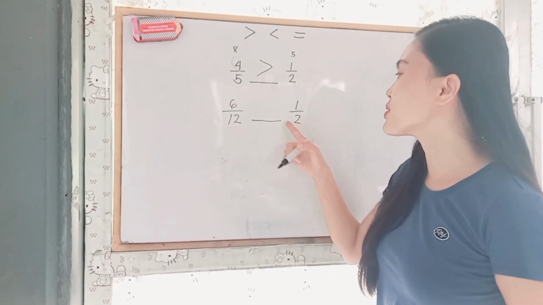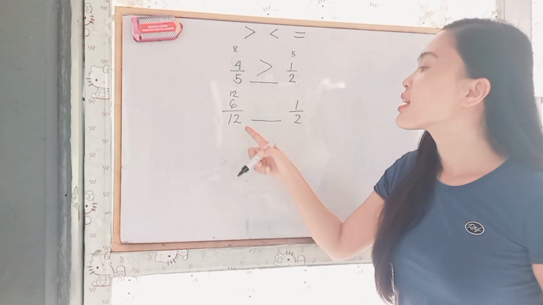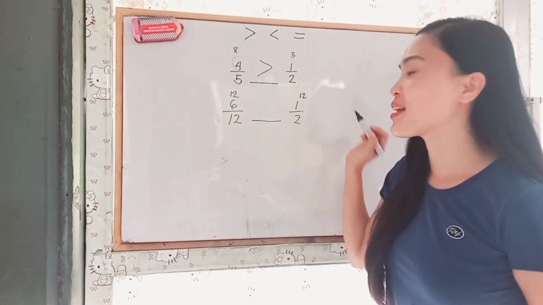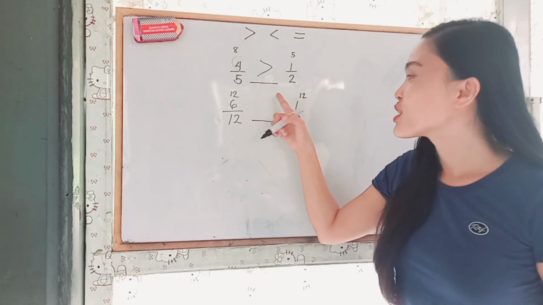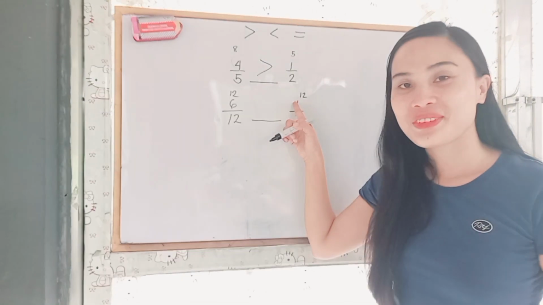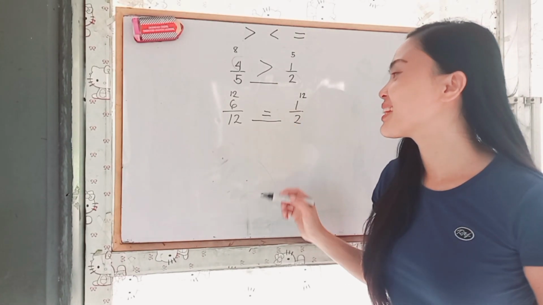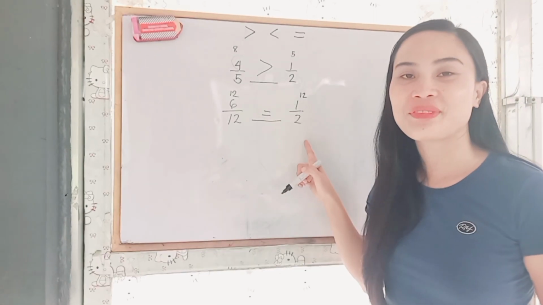Okay, let's do it. 2 times 6, that is 12. 12 times 1, that is 12. Okay, so compare their products, 12 and 12. So they are the same. Therefore, they are equal. 6/12 is equal to 1/2.